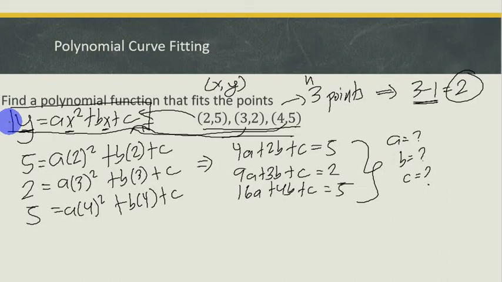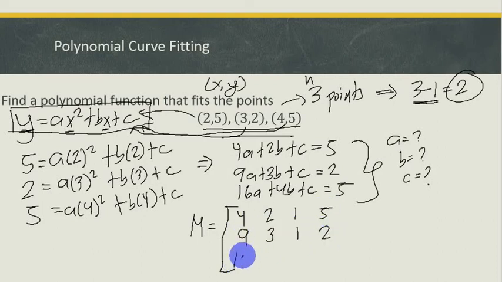So, we are going to solve the system using matrices, hence we shall write our system in augmented matrix form. Our augmented matrix M will have the following: 4, 2, 1, 5, 9, 3, 1, 2, 16, 4, 1, 5.